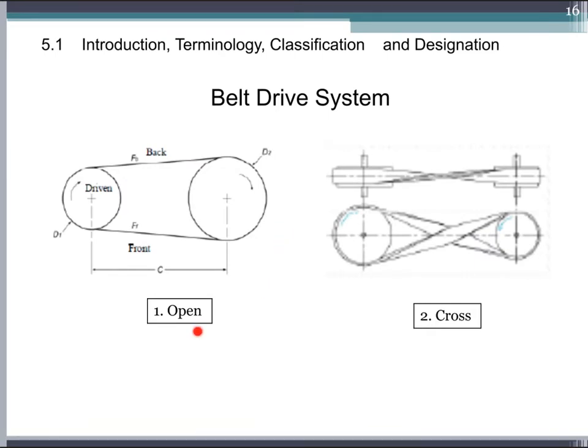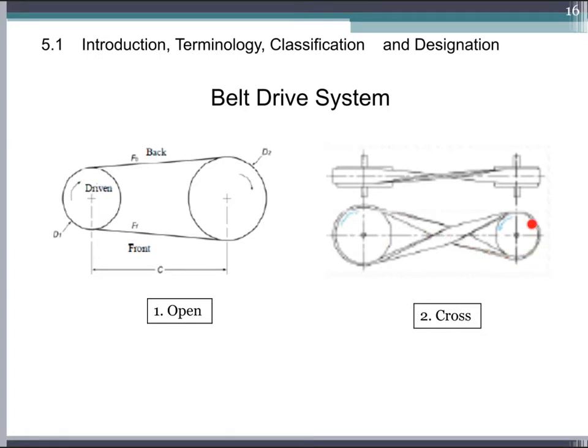The first one is the open belt drive system, where the direction of the driving pulley and the driven pulley is the same. And then second, we have the cross belt drive system, in which the direction of the driven pulley, let's say this is the driving pulley, rotates clockwise.